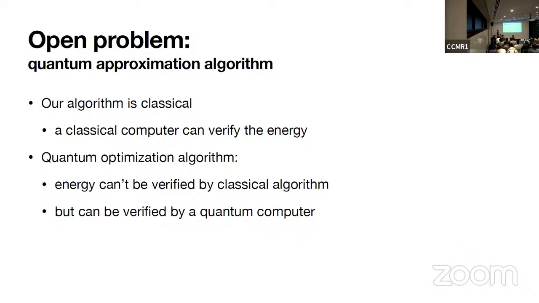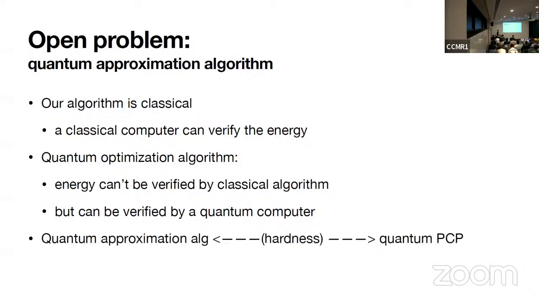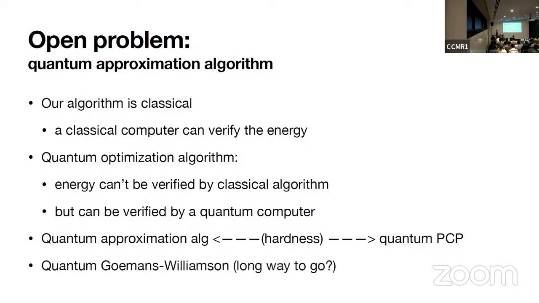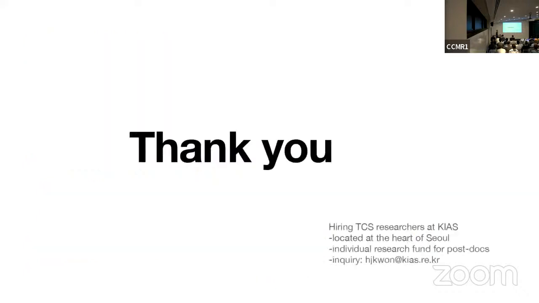But we haven't found the quantum optimization algorithm yet. And as I said in the beginning, quantum PCP would give a hardness to quantum approximation algorithms. And ideally, we would like to find the optimal algorithm like Goemans-Williamson. All right, thank you.